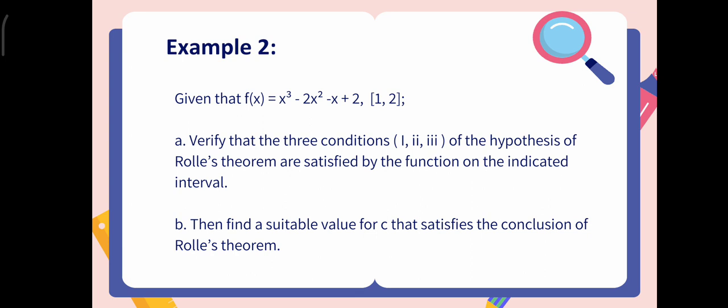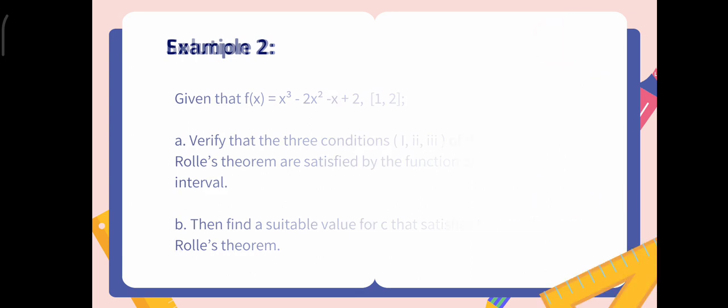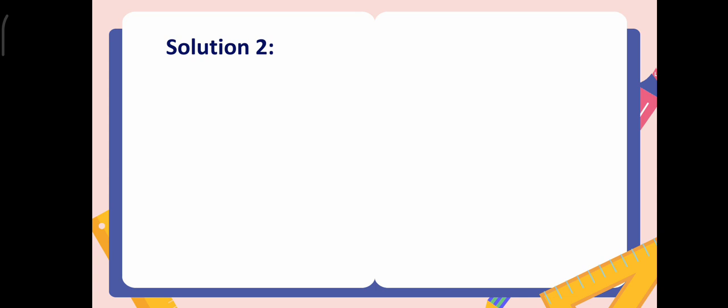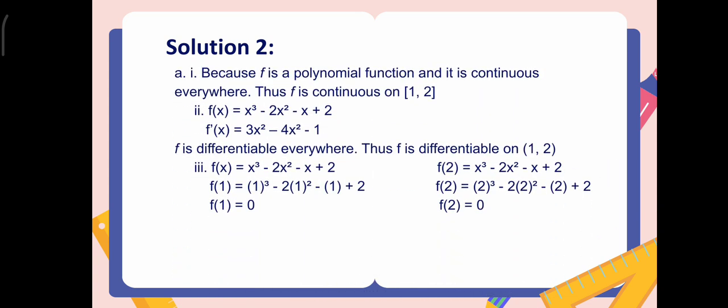Okay, let's go for the solution. The solution for example number 2 is that because f is a polynomial function and it's continuous everywhere, f is continuous on the closed interval [1, 2]. Let us see if it is differentiable also. So f of x is equal to x cubed minus 2x squared minus x plus 2.